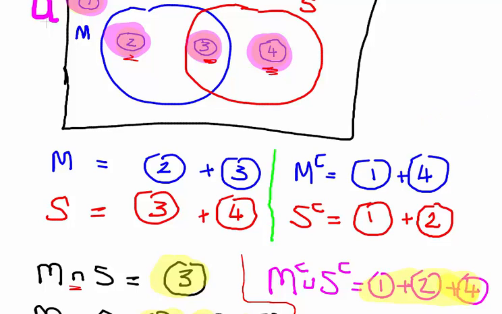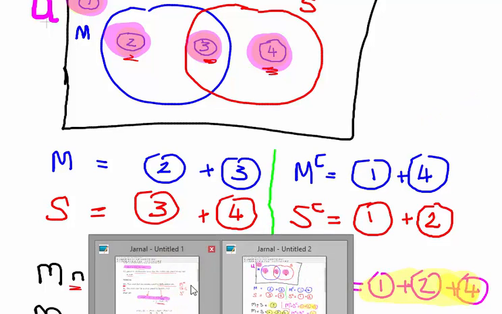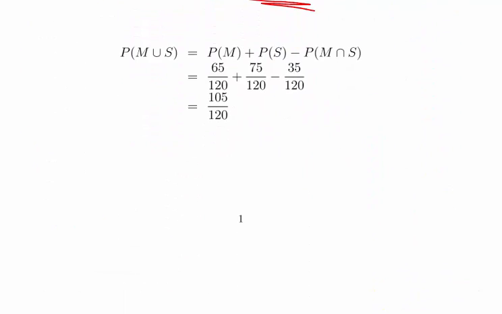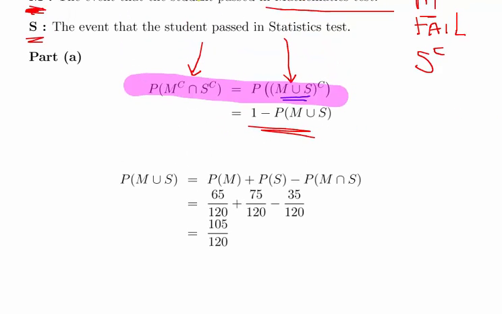Okay, so let's go back to the question. Here we go. I think we've broken the back of it there. So essentially, what we have to do here is find the union of M and S, and this is using a standard formula.